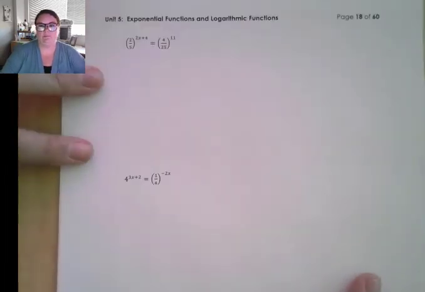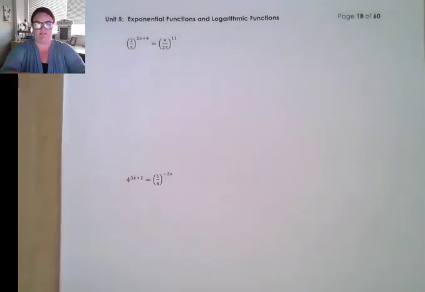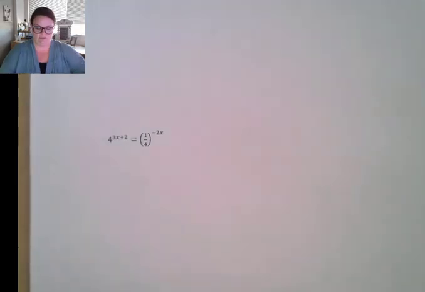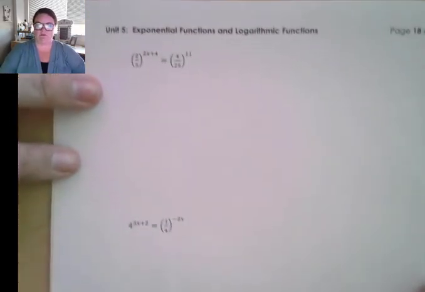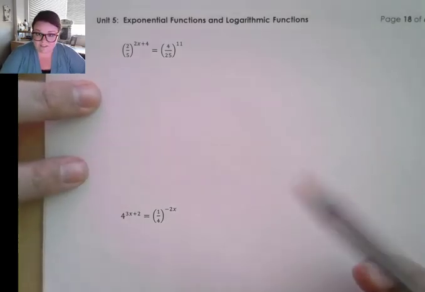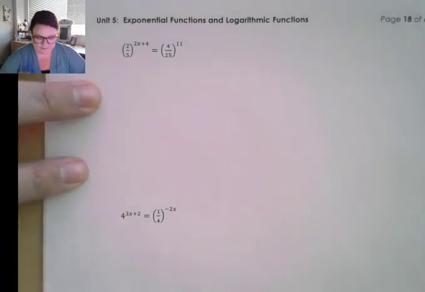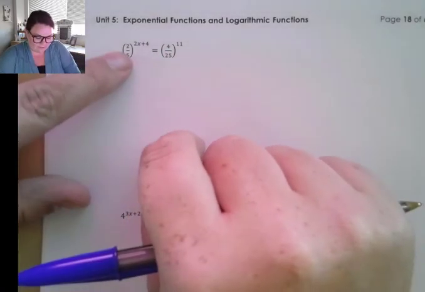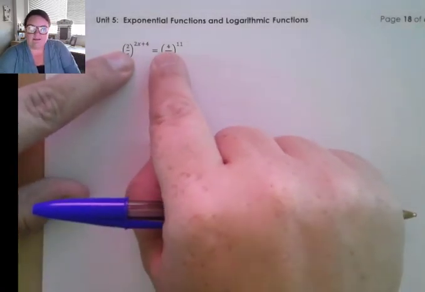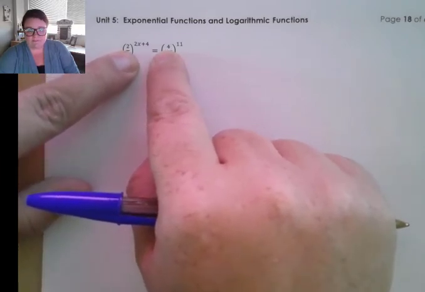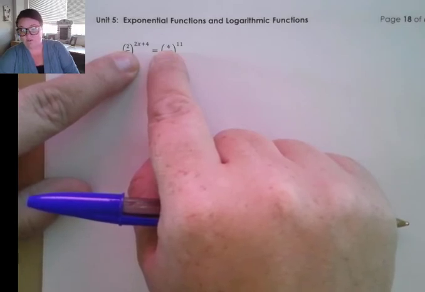Okay? So on this one, let me see if I can zoom this in a little bit. These are really small the way they printed. All right. So with fractions, the easiest way to simplify them is to think about them not as fractions. Okay? We're going to cover up the denominators and say, if I just had 2 to the something equals 4 to the something, the base that I would want to write them as is 2, right?